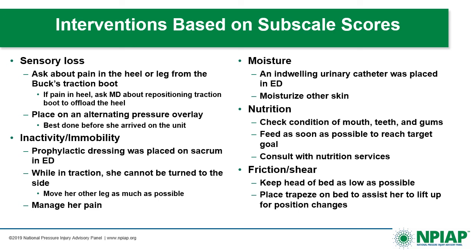If she's not, work with nutritional services, because our goal is to get her oral intake up. She's got to heal a fractured bone, and that's going to take a lot of protein, calcium, calories in order to get it to heal.